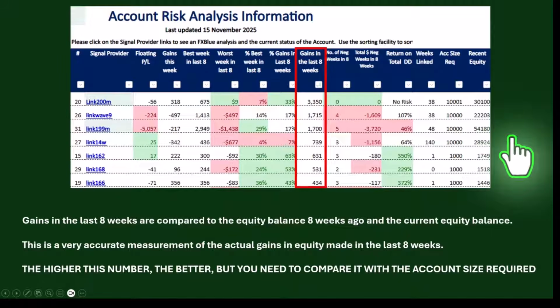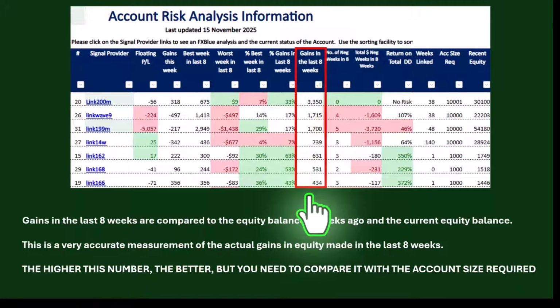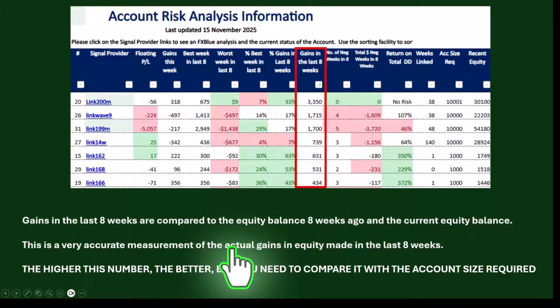And then, as shown in the account risk analysis information, we come up with a number that is the gains for the last 8 weeks. We find that number by comparing current equity with the equity balance 8 weeks ago. And again, to repeat, it is an accurate measure of the actual gains made over that period.